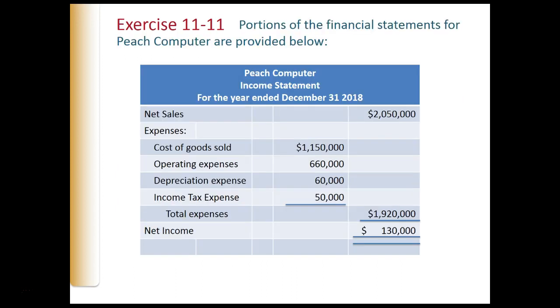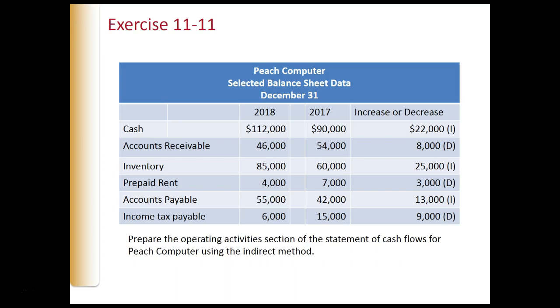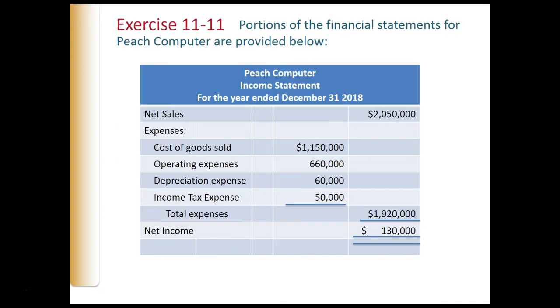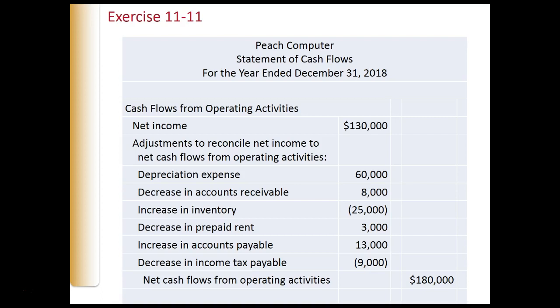So in the previous slide you see the income statement, and this slide there's the balance sheet. Prepare the operating activities section of the statement of cash flows for Peach Computer using the indirect method. Remember, we're always going to start with net income. So net income of $130 came from the income statement. That's the first thing. Then we're going to create some adjustments.